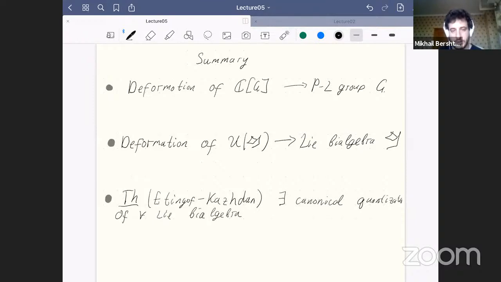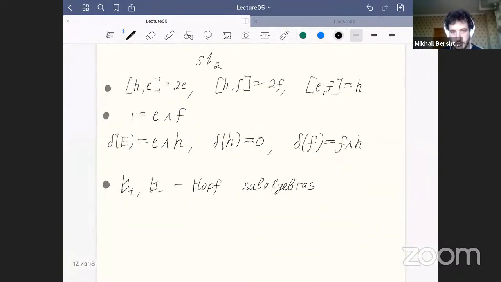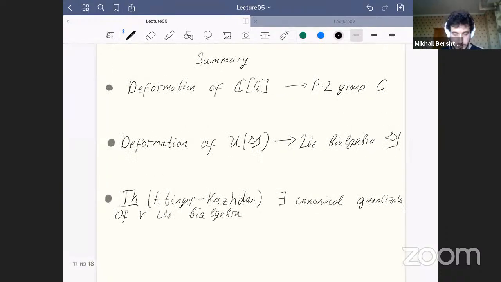Instead of this theorem, we are going to consider examples, and we start from the example of SL2, and this will be all about examples for today. But let's discuss. Any questions before we start this example? Actually, somehow a new theme for the lecture. This quantization is not unique.